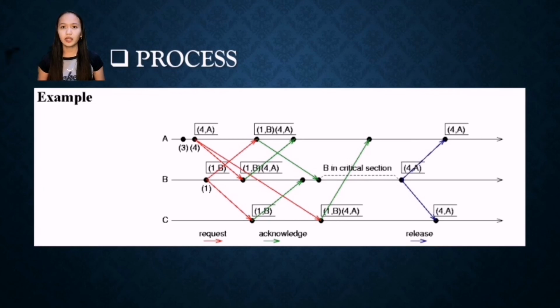After the resource in critical section B is released, A enters the critical section. So now B exits the critical section and A will now be in the critical section.